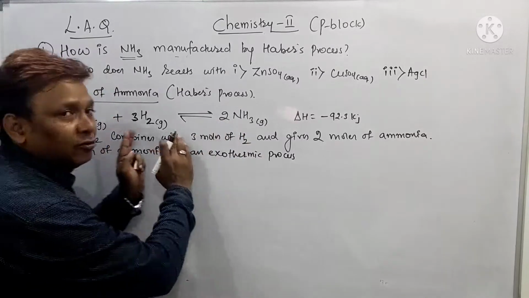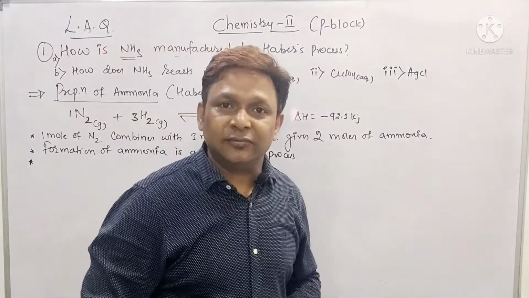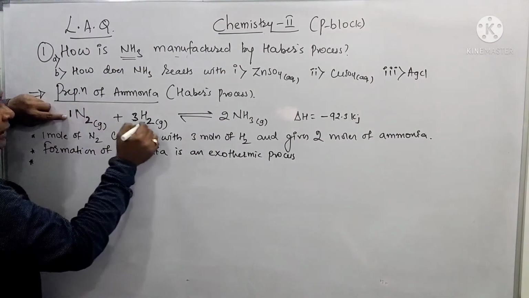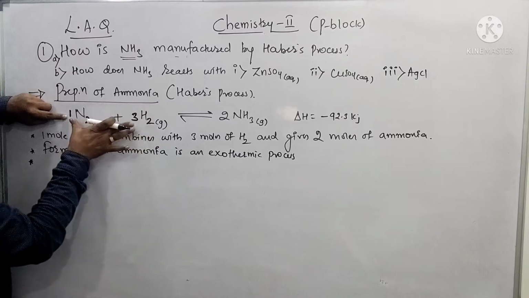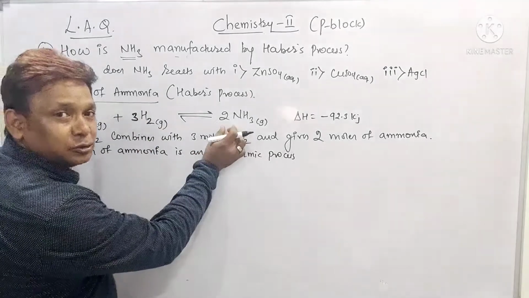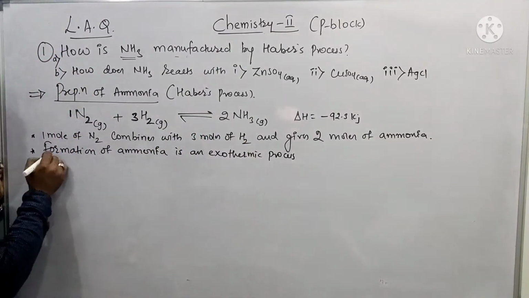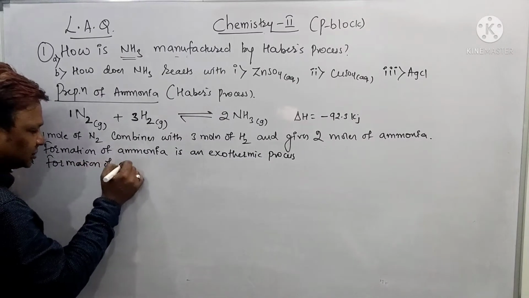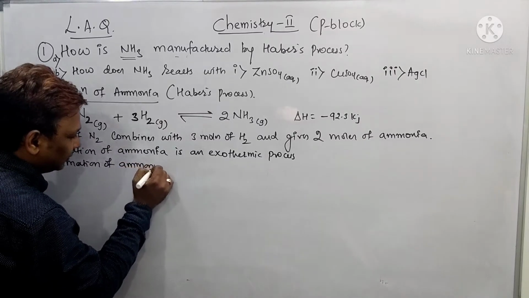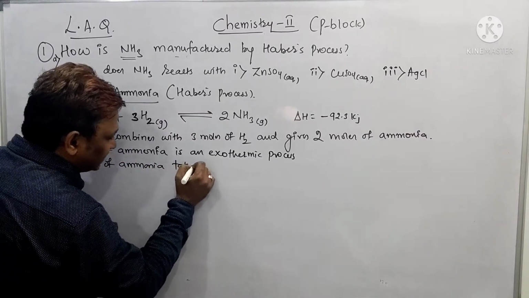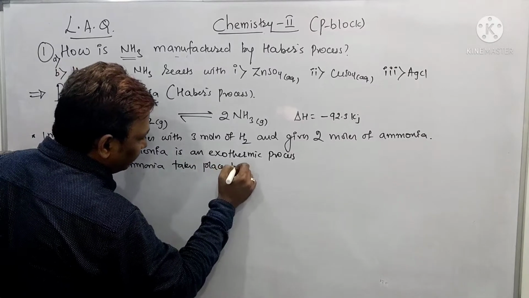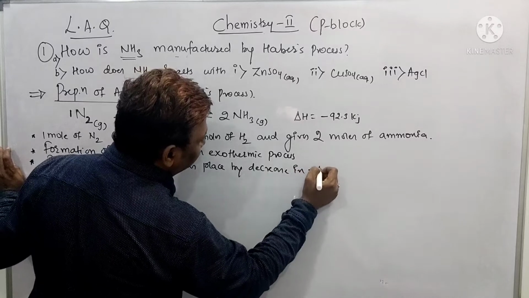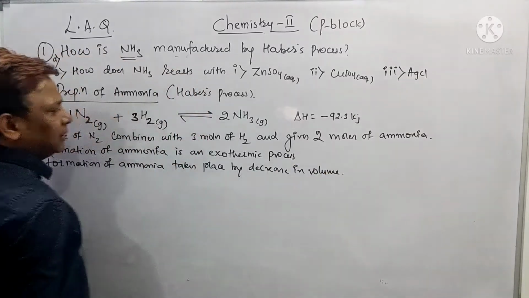So can we say formation of ammonia takes place by decrease in volume? Yes sir. 4 moles gives 2 moles.